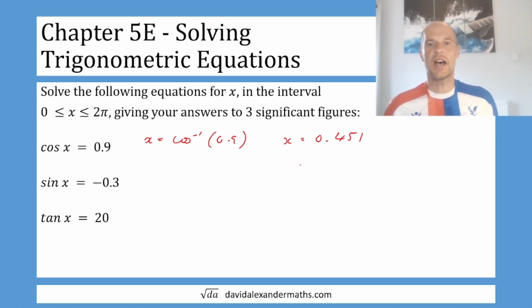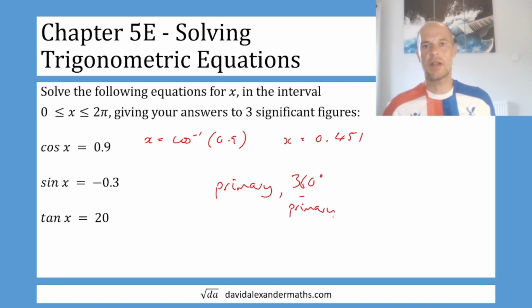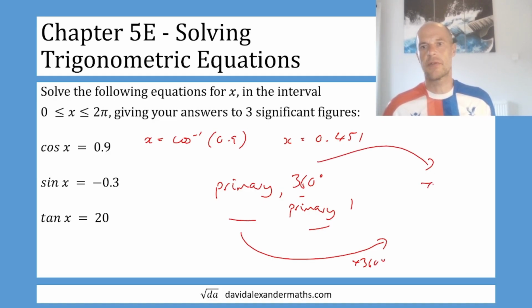So usually when we were working in degrees, you had your primary, and this is my primary solution, and the next one for cos was always 360 degrees minus the primary. And once you've got your set of solutions, all we need to do after that is add 360 degrees.